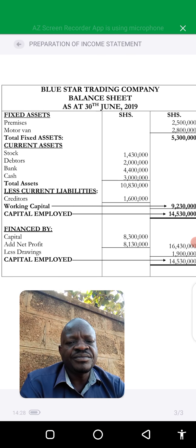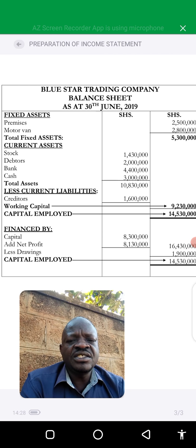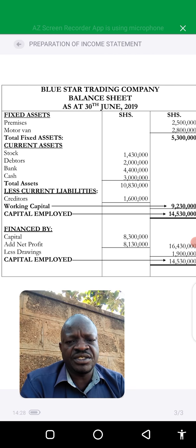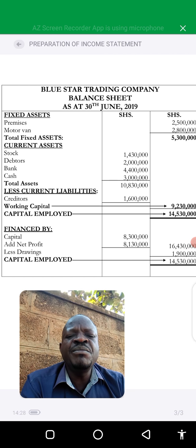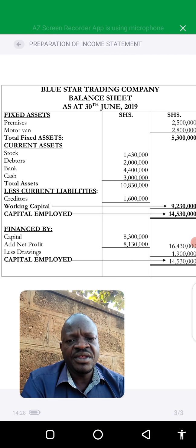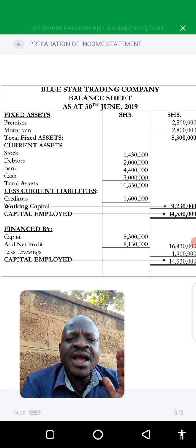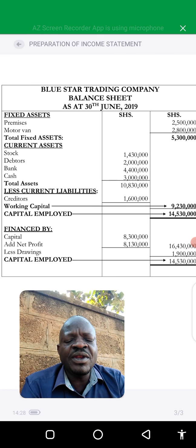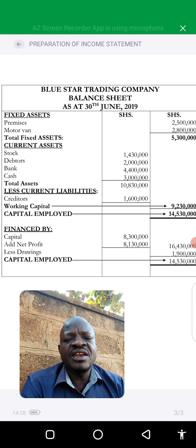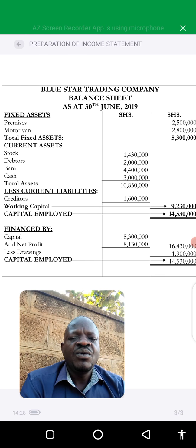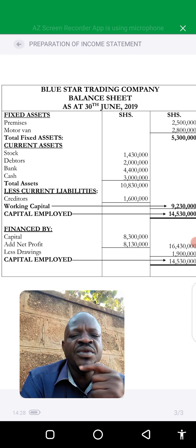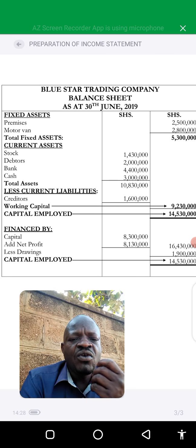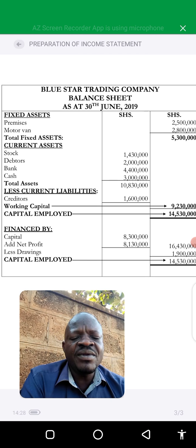From there, we go to current assets. Current assets are assets that you buy to be used in the business. In most cases, they don't go beyond 1 year before you use them. Whereas fixed assets, you buy them to be used, but these ones here are consumed actually. Current assets do not go beyond 1 year, whereas fixed assets go beyond 1 year. So when you come to current assets, we have stock of 1,430,000.